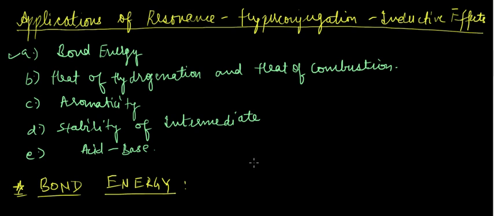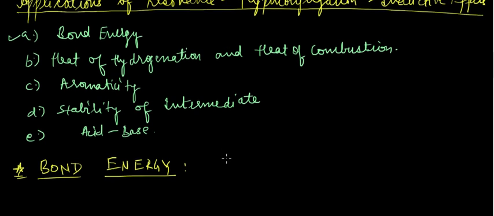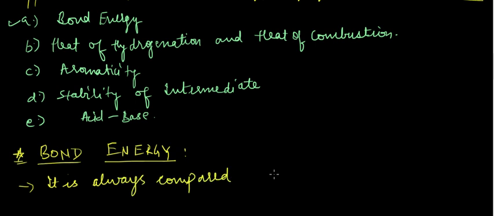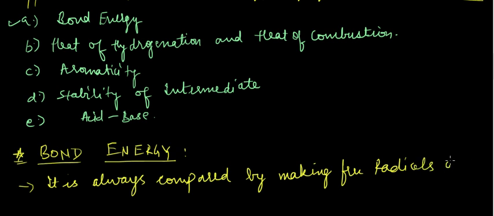Okay, so you can just write that on discussing the bond energy between two atoms in a compound, it is always compared by making free radicals of atoms in gaseous phase or gaseous form.